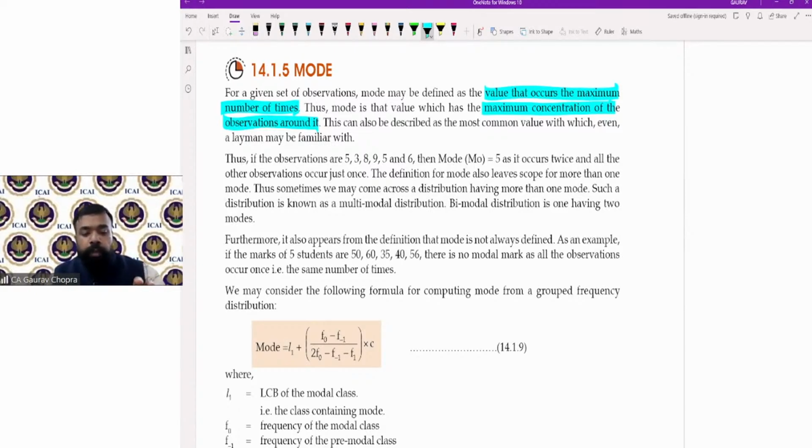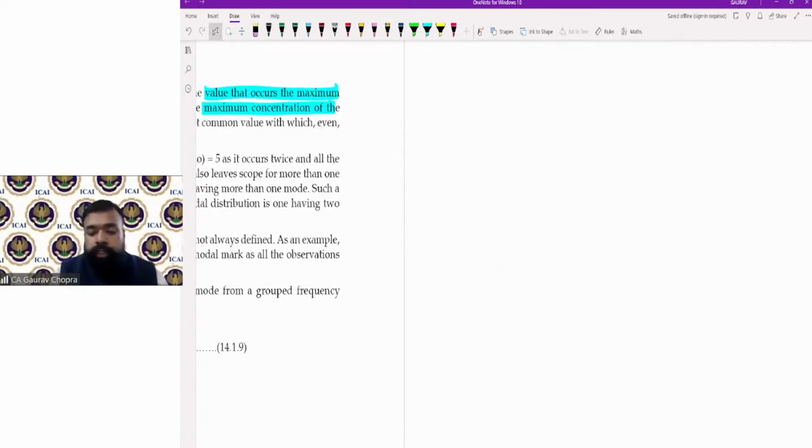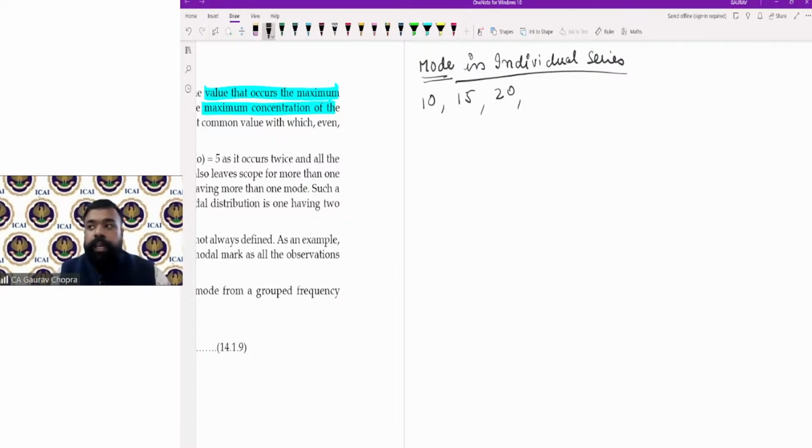So if we talk about mode in an individual series, let's take one example. Mode in case of individual series. The values given are 10, 15, 20, 18, 55, 60, and 10.